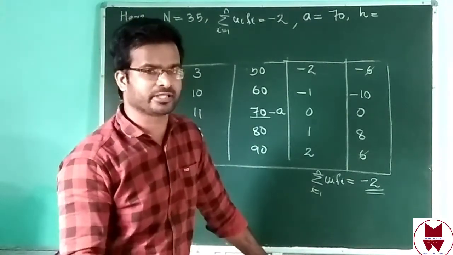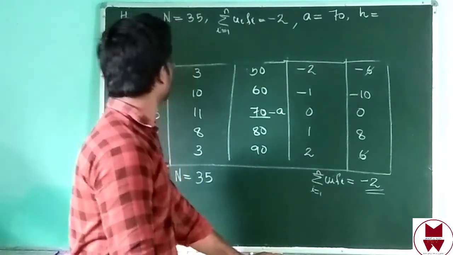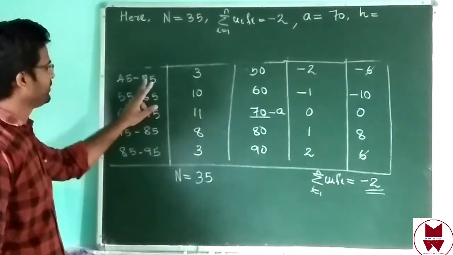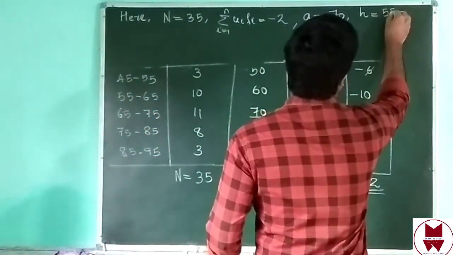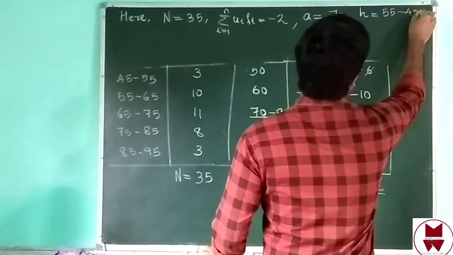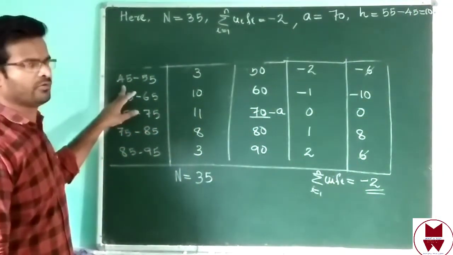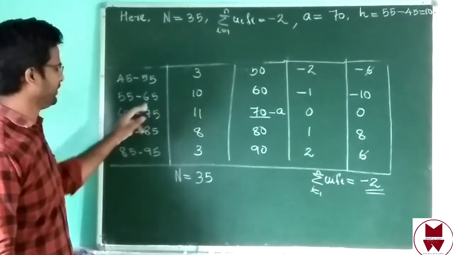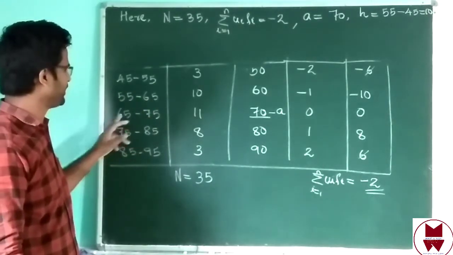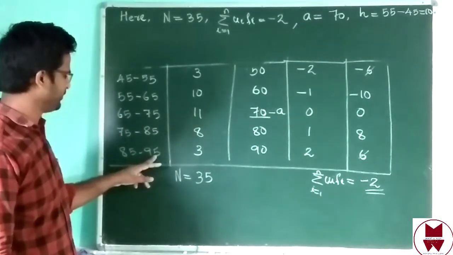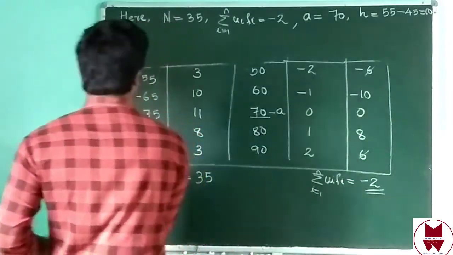We are going to use the step deviation method, isn't it? There the class width is also needed. How can we find out the class width? That is 55 minus 45 equal to 10, upper limit minus lower limit. You can use any class interval. Here also 65 minus 55 you will get 10. Then 75 minus 65 you will get 10. Then 95 minus 85 you will get 10. Class width will be 10.